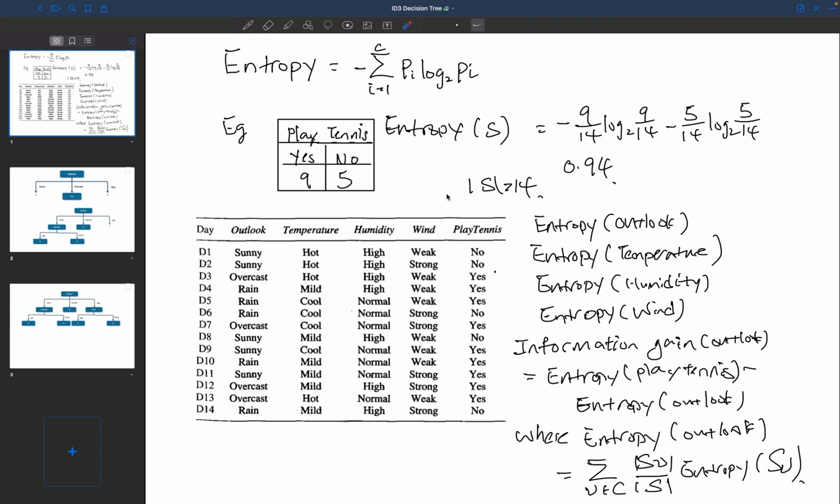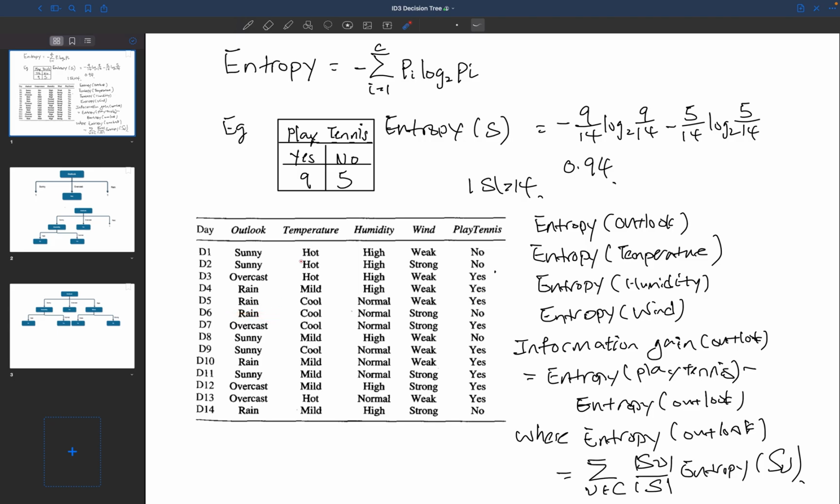Next, if we have 4 features that will contribute to playing tennis, they are outlook, temperature, humidity, and wind, then each feature value has its own entropy. For example, we have entropy for sunny, we have entropy for overcast, we have an entropy for rain.